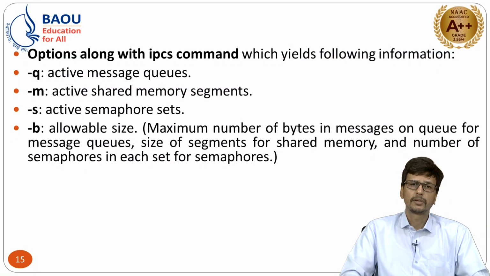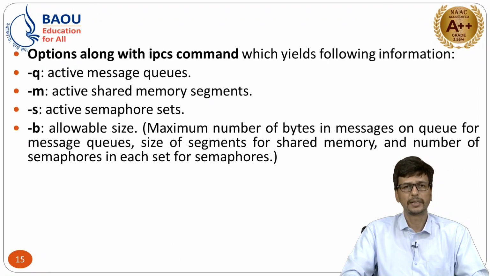Now, if multiple messages are in a queue, the size of a particular message is defined by this B option. B is for bytes, right? In the case of a message queue, B represents the size in bytes of a particular message.